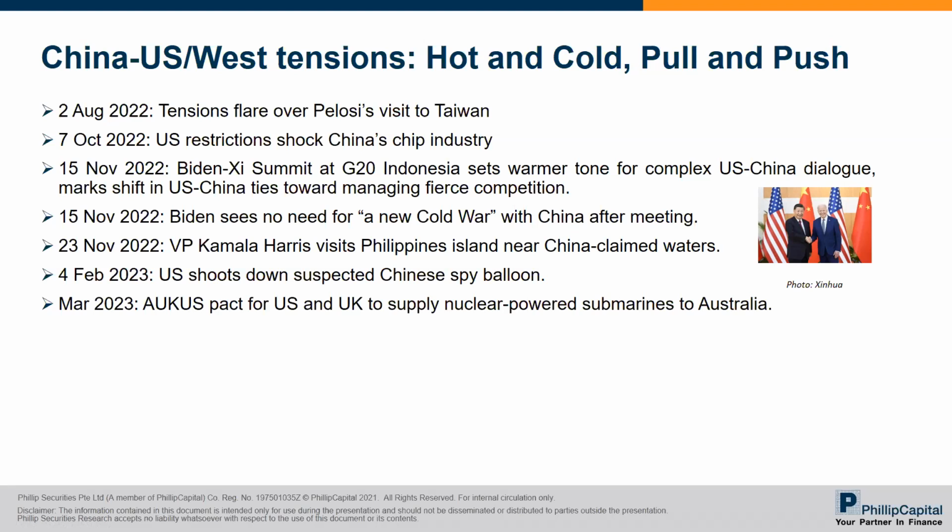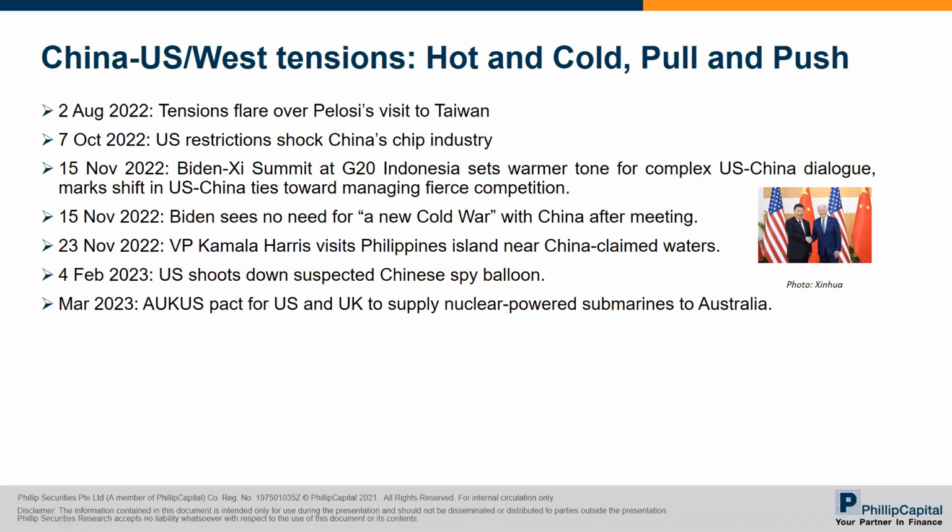We've seen that even as early as August last year, there's been quite a bit of tension, especially over Pelosi's visit to Taiwan. And then these were escalated further because the US started to impose restrictions on chip export into China.